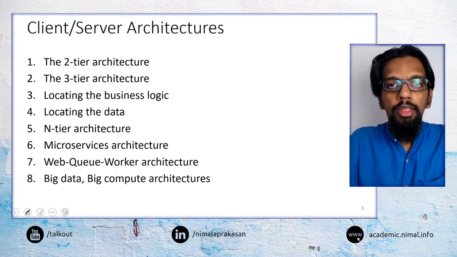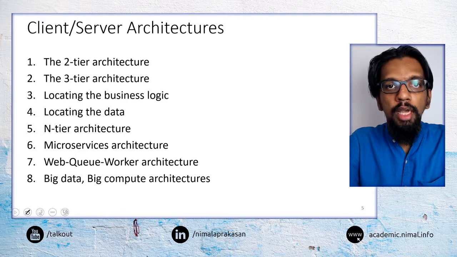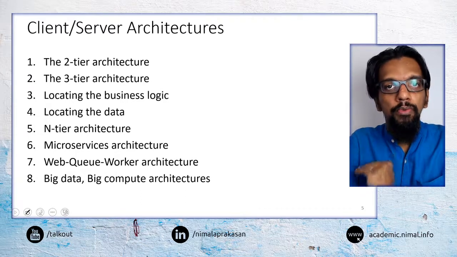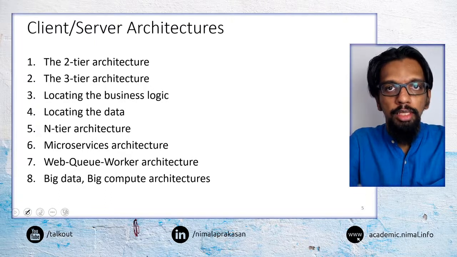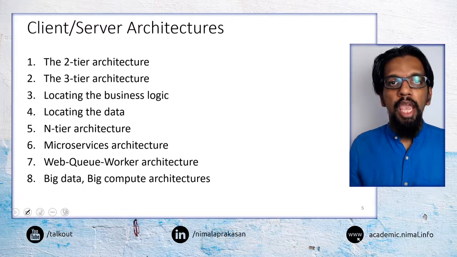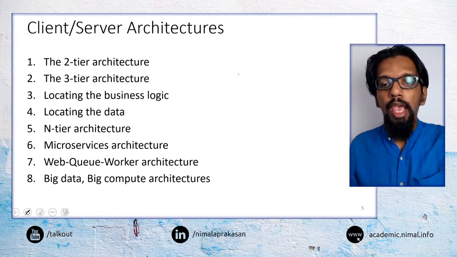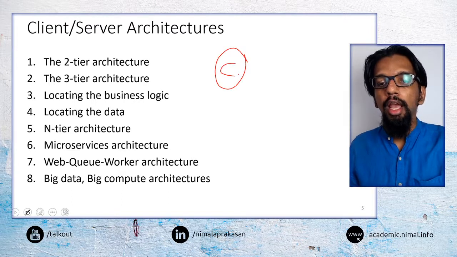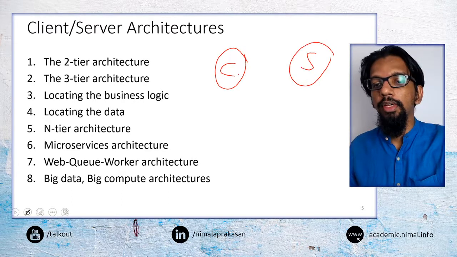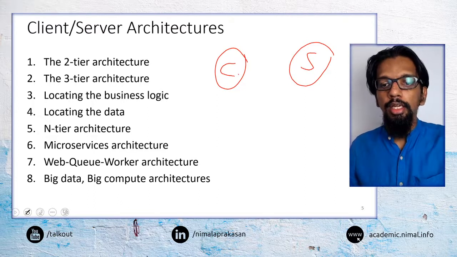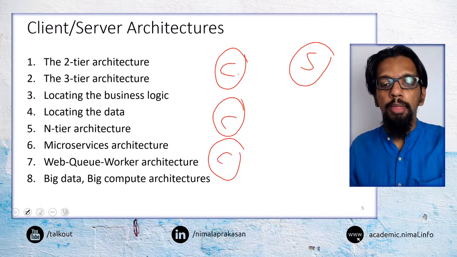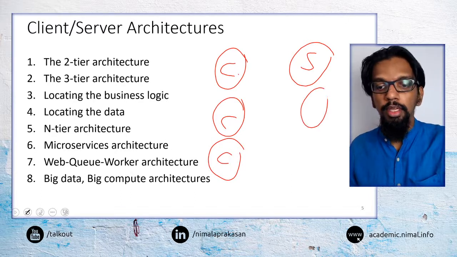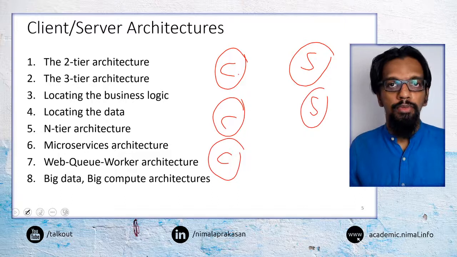Then when we think about client-server architectures, there are a number of different ways these client-server computers can be arranged. So what we have is a client and a server. Rather, we will have many clients and maybe one server or maybe even two servers.